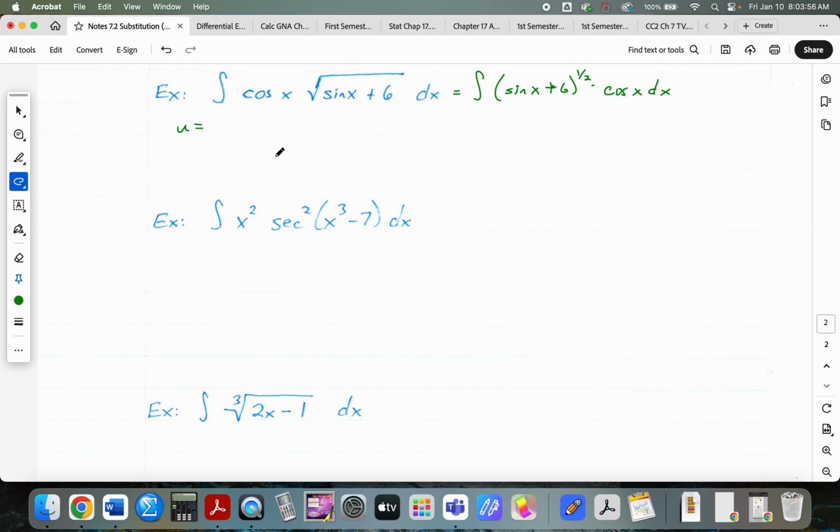And we'll talk about what to do if it's not quite the same and you still want to undo the chain rule. So u is equal to sine of x plus 6. Du will be the derivative of that times dx, so that's cosine of x dx. So we've got the integral of u to the 1/2 times du.